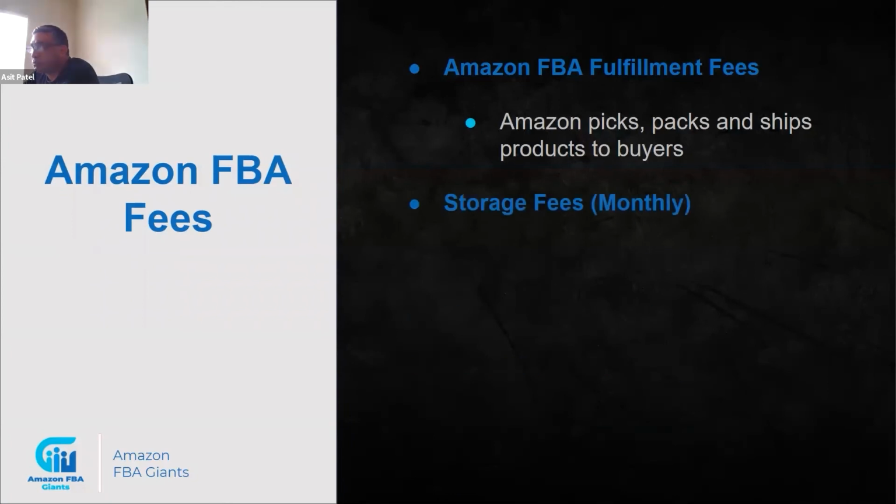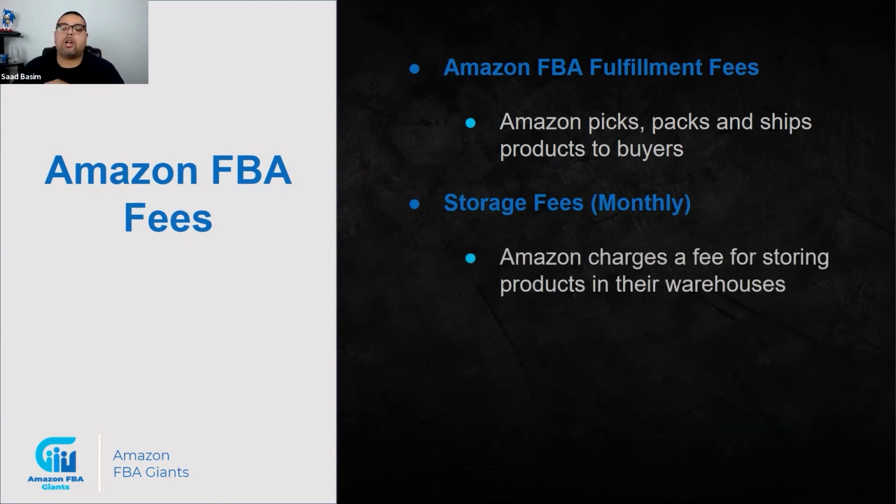Now, we have storage fees, which all of us are going to pay. Amazon charges a fee for storing products in their warehouse. And I think all of us know we need a product that has good sales velocity to make sure we can avoid those hefty storage fees. Some of them come monthly, some come every 6 months, and some come yearly.